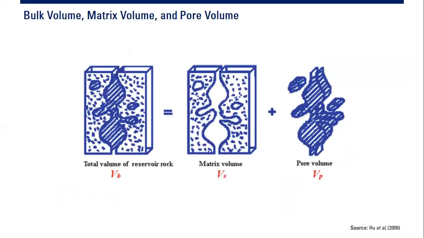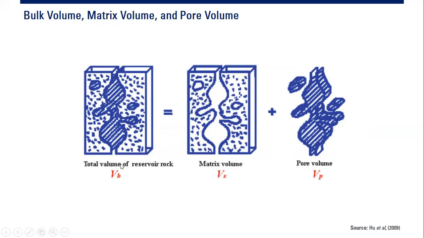All right, this is another representation. We have this one, total volume of reservoir rock, or we can also call it bulk volume, the total volume of the rock. And we have grain volume, or another term, matrix volume.